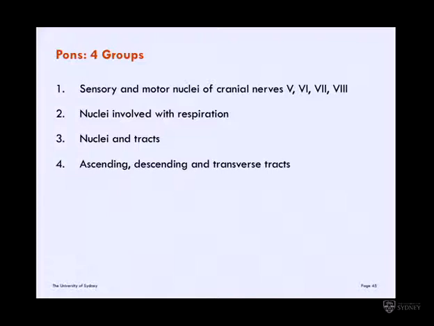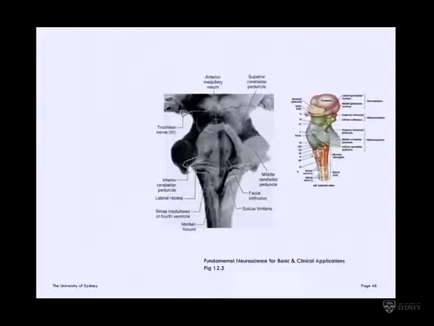You also have nuclei involved in respiration. You have other groups of nuclei, so cell bodies, as well as tracts traveling through the pons. You have both ascending, descending, as well as transverse tracts. Okay? So that's how the lobes of the cerebellum can actually communicate with each other.